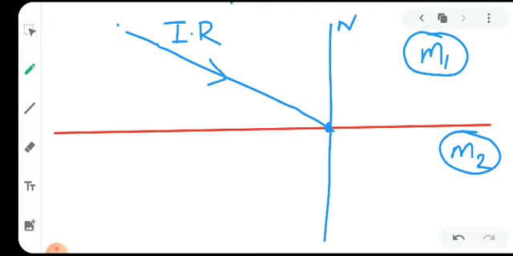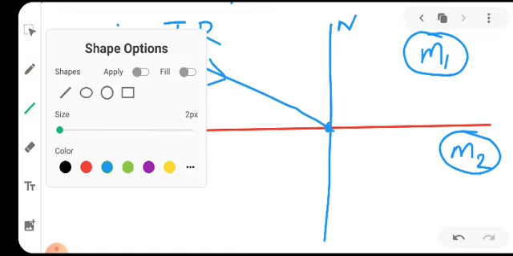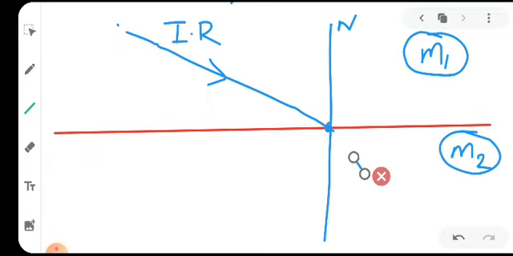The ray moves in a straight line, but it does not follow the same path; instead it makes a smaller angle with respect to the normal, or the angle between the normal and the ray in the second medium is larger as compared to the outer side.